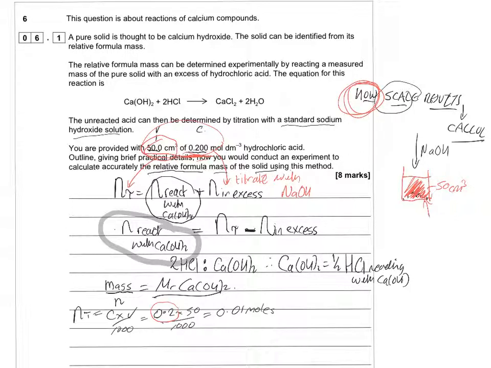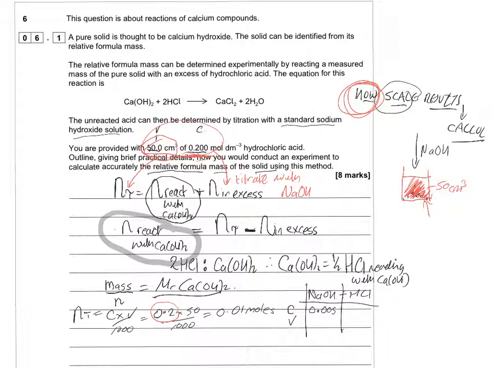We know here that to calculate the hydrochloric acid that's now in excess, because some of it's reacted with the calcium hydroxide, some's left over in excess, and we're going to have to titrate what's left over in excess. You know that sodium hydroxide and HCl react in a 1-to-1 ratio, and therefore, if we know the concentration of the sodium hydroxide, so say for argument's sake, we're going to use a 0.005 moles per dm cubed solution.